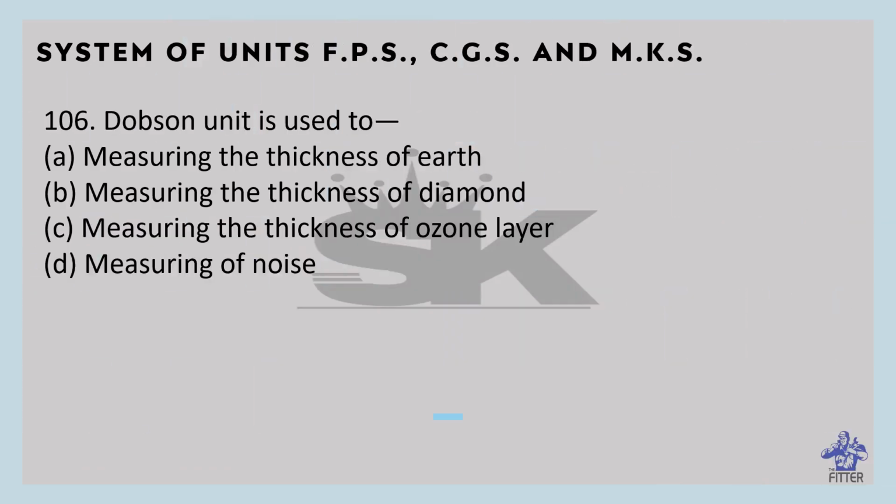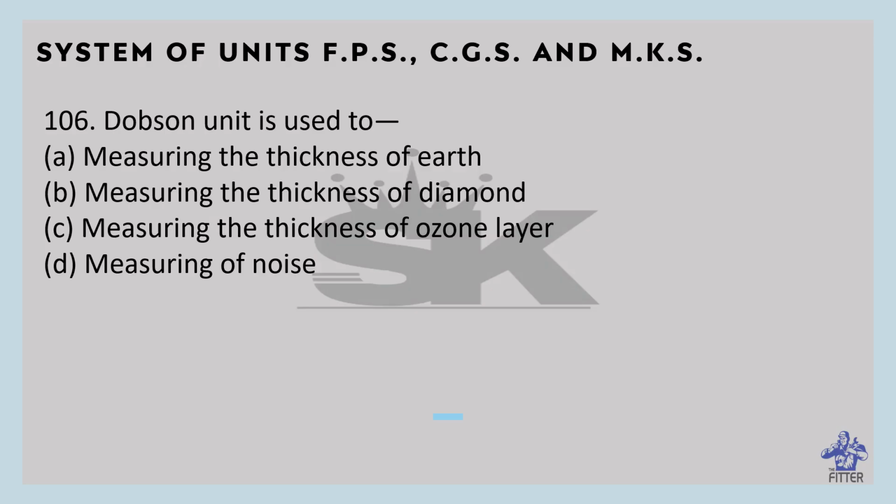Dobson unit is used to measure the thickness of ozone layer in a column of air from the ground to the top of the atmosphere. The average amount of ozone is around 300 Dobson, which means 3 mm thick ozone.